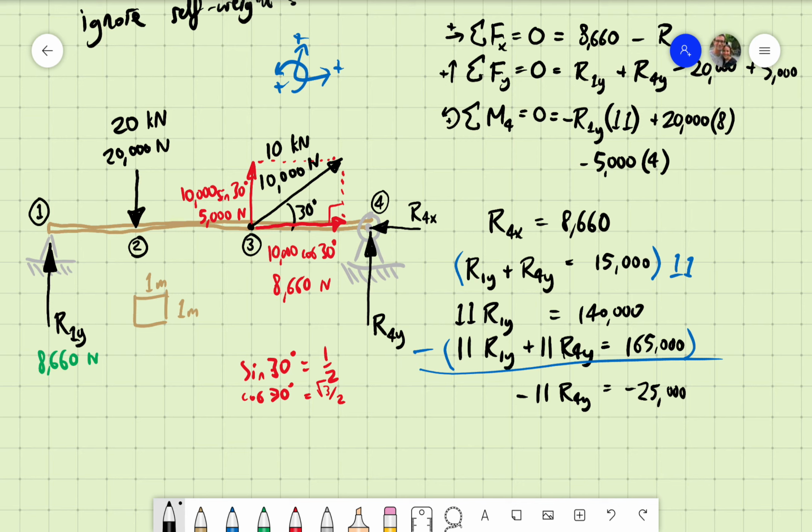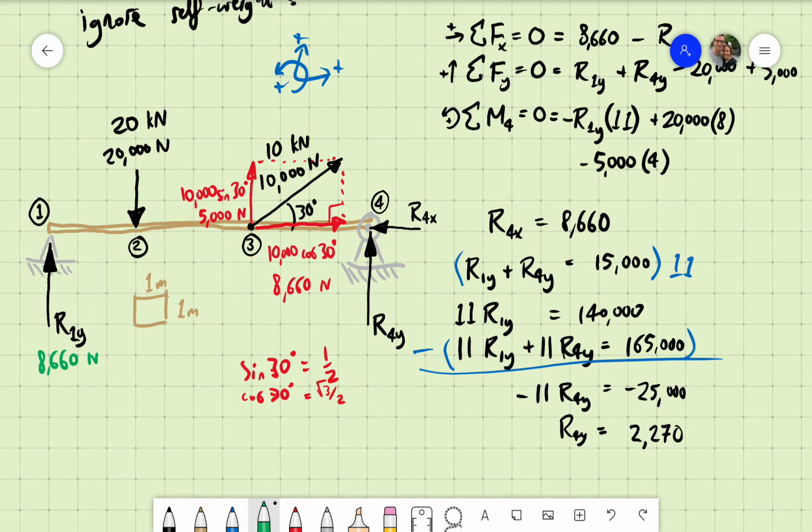Okay, we are going to divide both sides by negative 11. So let's do that. And we get r4y is a very messy but positive 2,270, to three significant figures. All right, that is r4y.